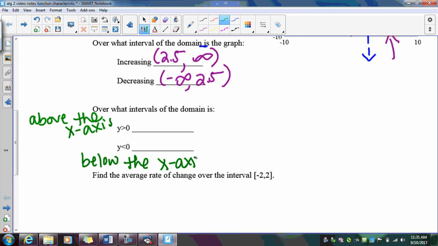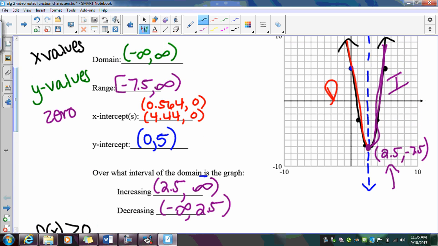So I will usually draw a line through my x-axis and look at this. The other thing that you learned in Algebra 1 is that there's another way to say y greater than 0, and remember y can be represented by f of x if you have a function, so you may see f of x greater than 0, or for the other one you may see f of x less than 0. That's another way to ask you the same question.